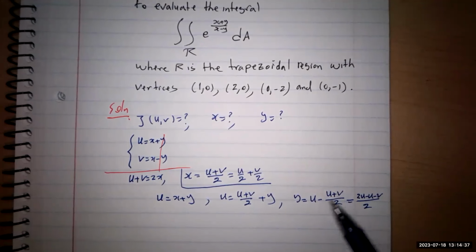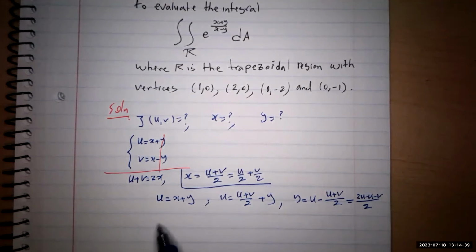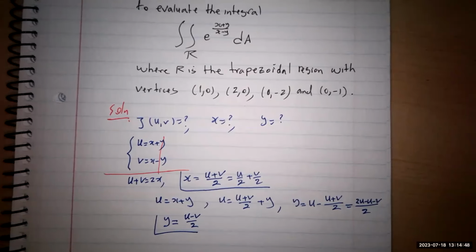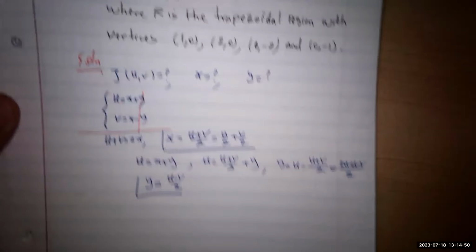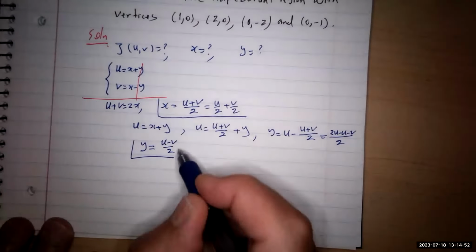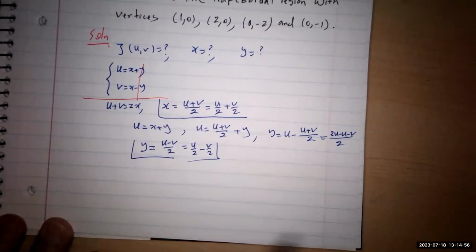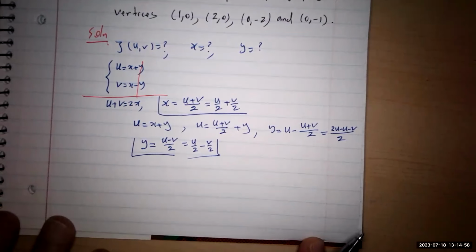There's a negative sign, so make sure you apply it to both of them. So your y would be (u minus v) over 2. Again, you can write this as u over 2 minus v over 2.